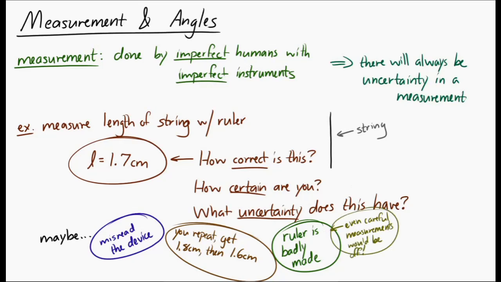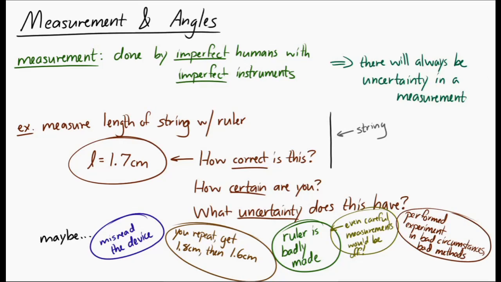Or maybe you performed the experiment in imperfect circumstances. It's one thing if you perform the experiment when you're sitting very still, you're being very careful in a controlled environment, the string is taped down in a straight line, you're using a magnifying glass to make sure that you're very precise in your measurement, then you would have less uncertainty.